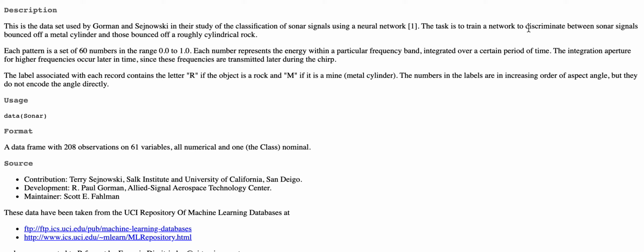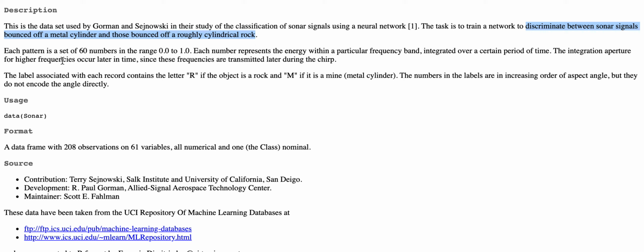Okay. We want to discriminate between sonar signals bounced off a metal cylinder and those bounced off a roughly cylindrical rock. So they have these metal cylinders apparently at the bottom of the ocean, but they don't know where they are. So they have ships that just cruise the region and send signals, and the signals bounce off the floor of the ocean and come back. Based on the power spectrum of the bounced back signal, we want to locate metal signals.